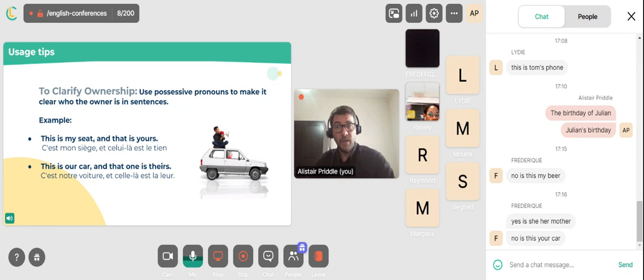Another example: this is our car and that one is theirs. Okay, so a good way to indicate ownership with possessive pronouns.